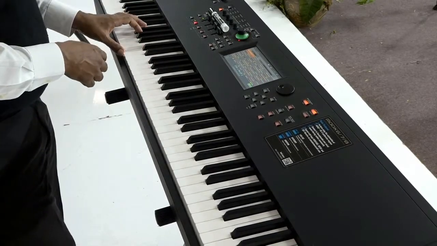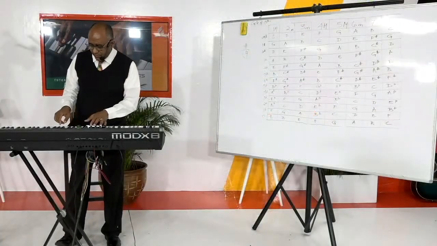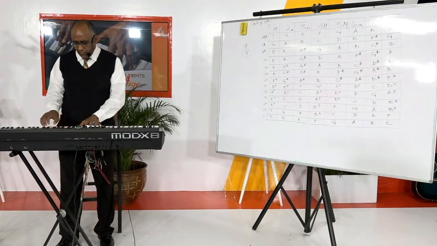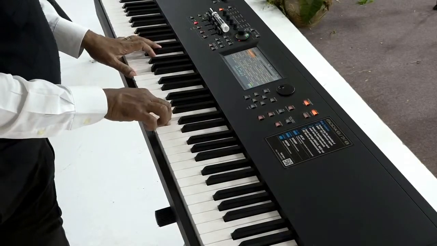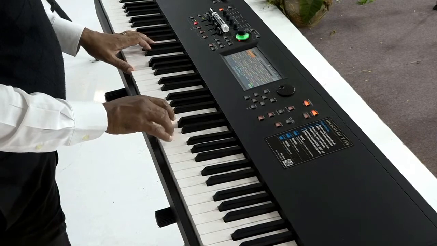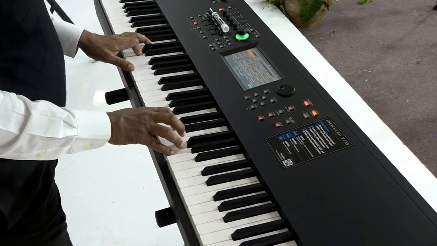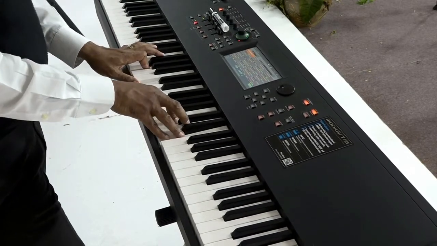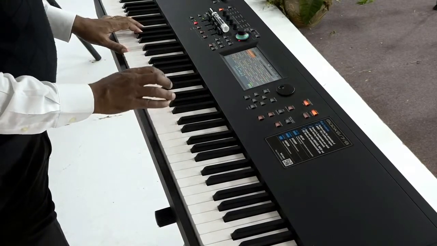All right, so let's say we were playing As the Deer. Now, we have the C chord.